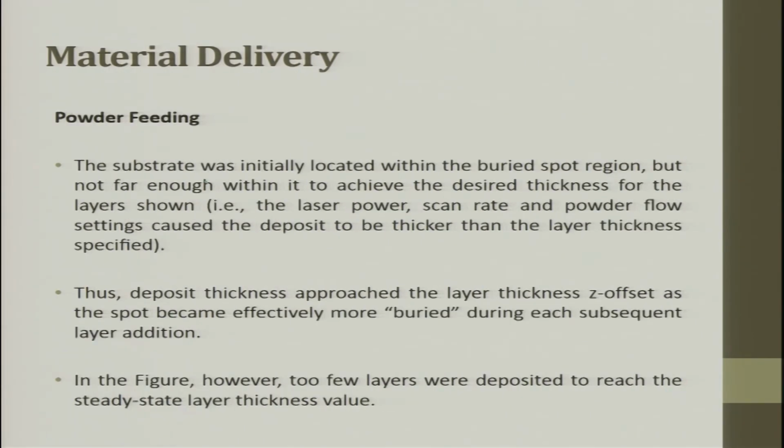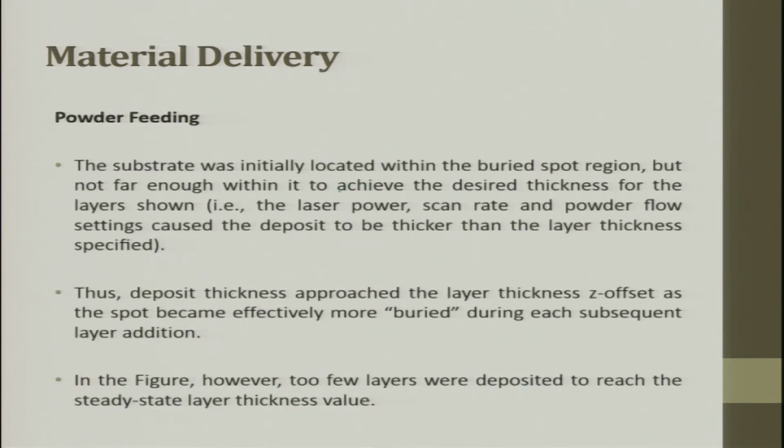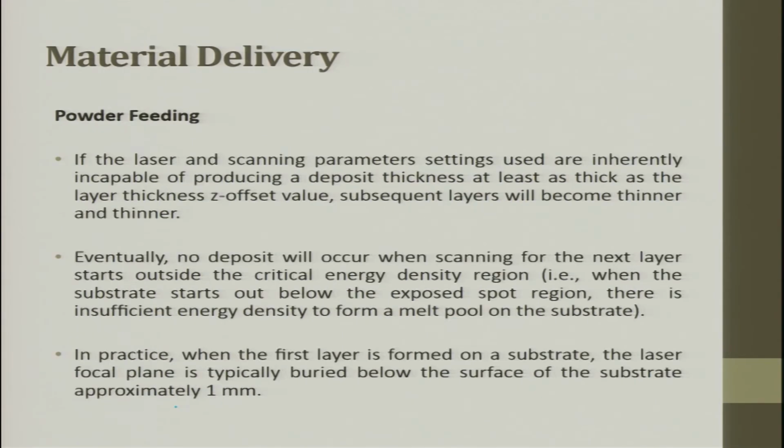The substrate was initially located within the buried spot region, so let us go back and see the buried spot region, but not far enough within it to achieve the desired thickness for the layer shown. Thus, the deposit thickness approaches the layer thickness Z offset as the spot becomes effectively more buried during each subsequent layer addition. However, too few layers were deposited to reach the steady state layer thickness value.